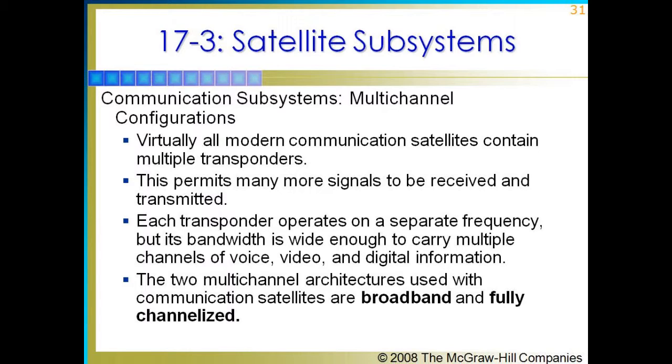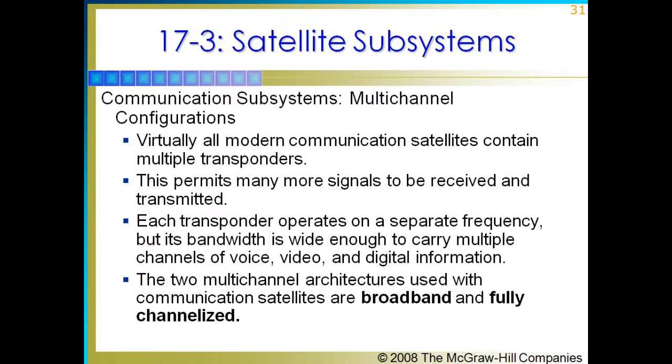The channelization process occurs in the remainder of the transponder. The bandpass filters separate out the unwanted mixer output signals and retain only the desired signals. Then, individual high-power amplifiers are used to increase the signal level. These are usually traveling wave tubes.